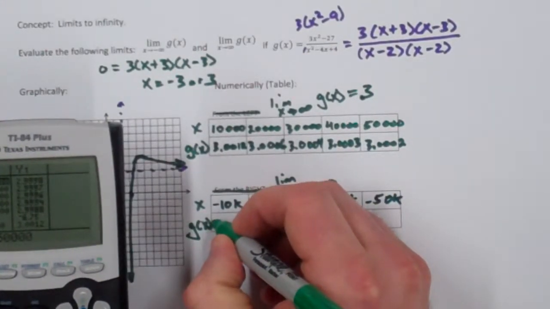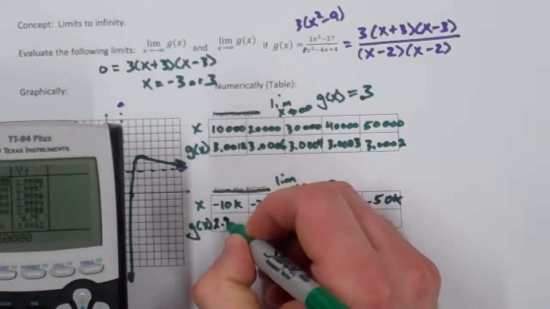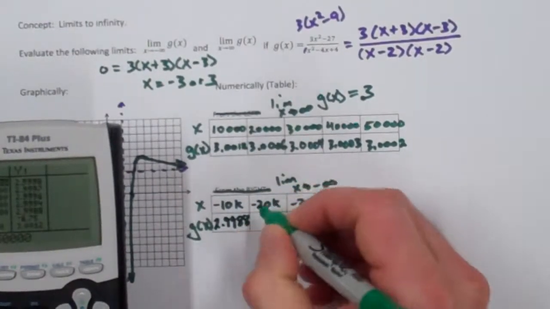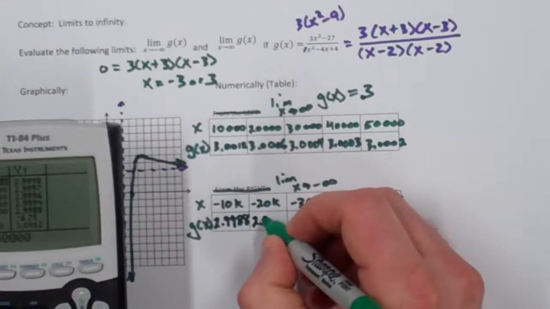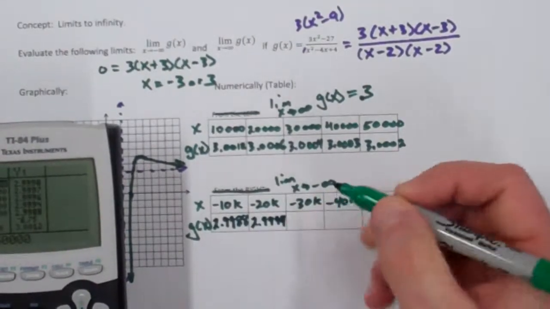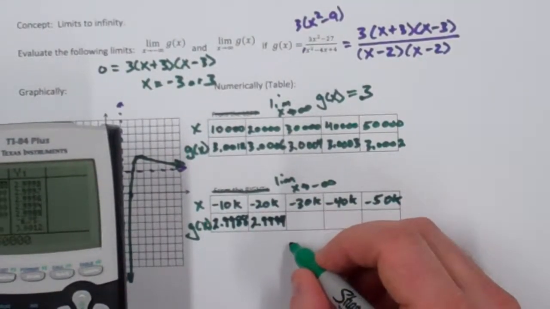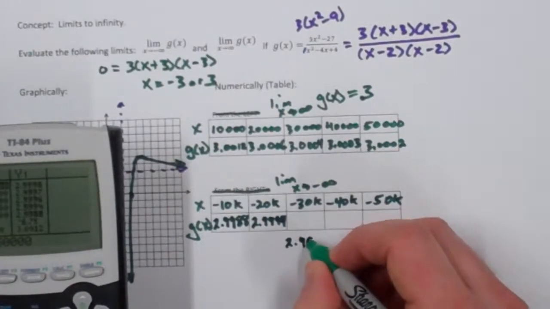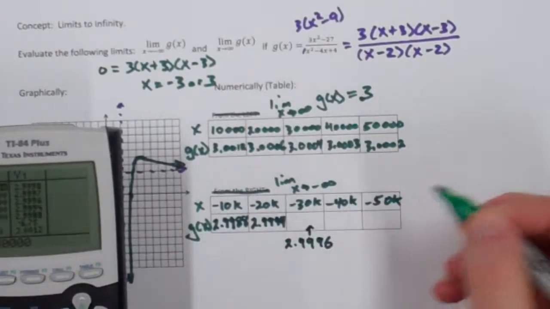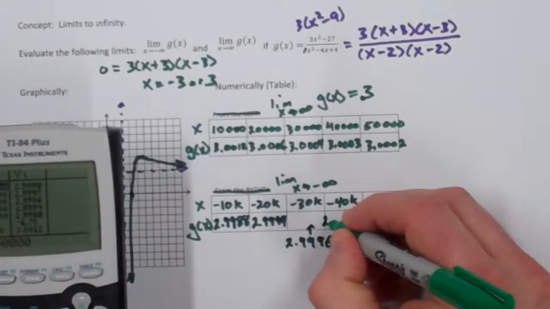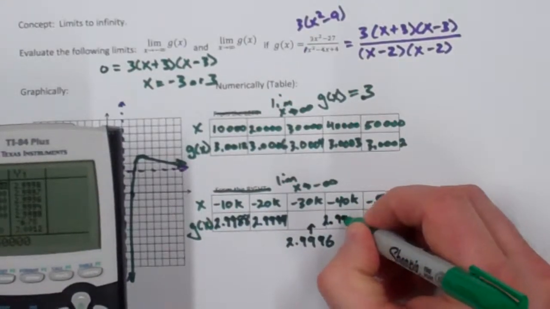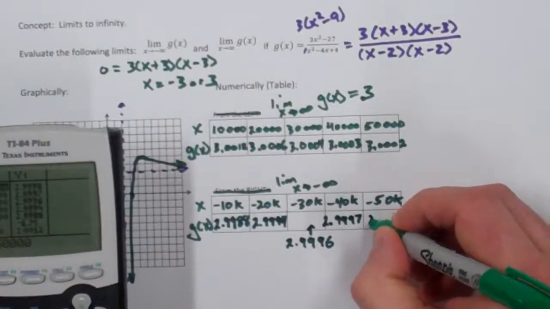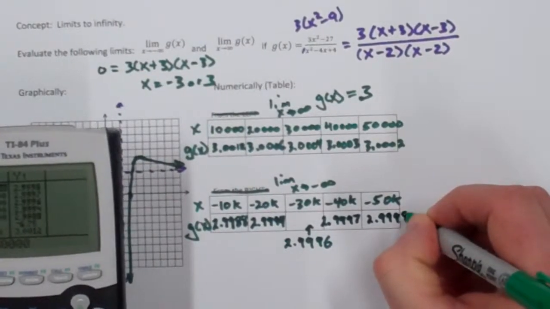And this one looks like it's going to be 2.9988. The next one is 2.9994. I'll put this one out here so you can see a little bit better. 2.9996, that's the value that goes here. And we've got 2.9997 and 2.9998.